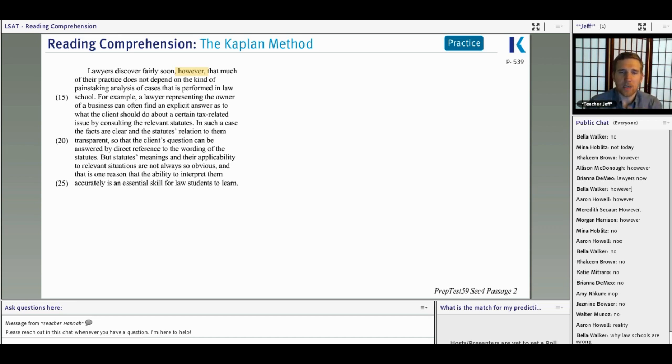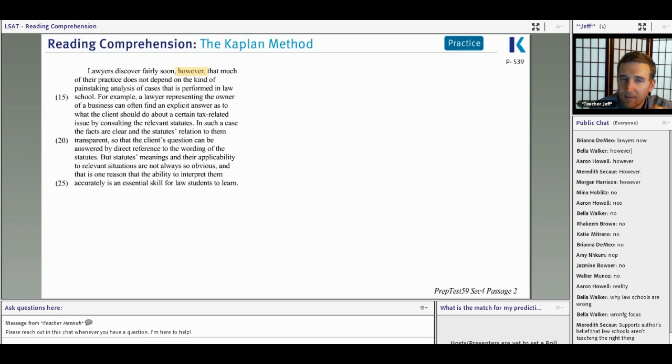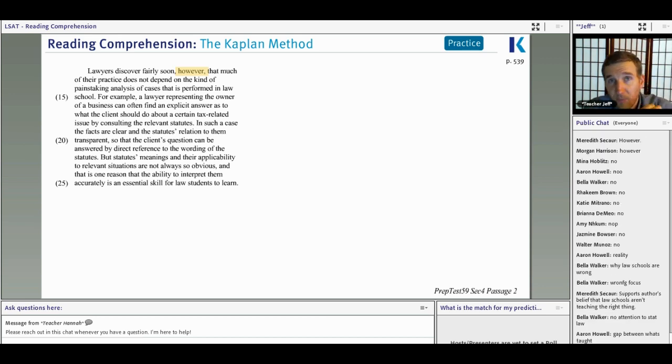What law schools are teaching is the wrong focus, because why? Meredith, exactly right. The reason why the author is contrasting is to show support that the law schools are not teaching the right thing.